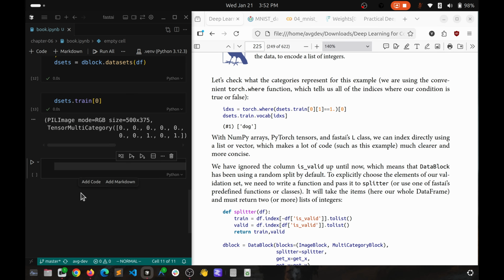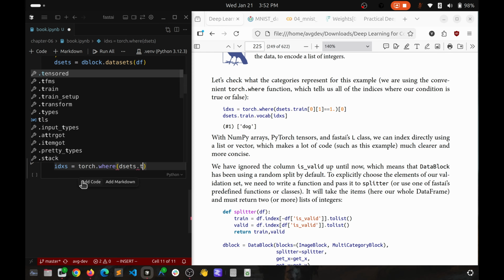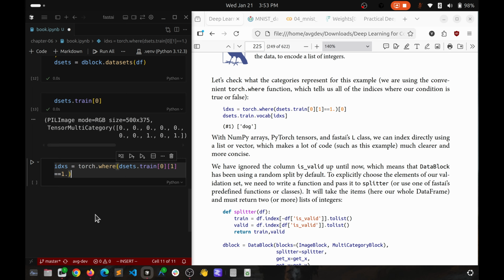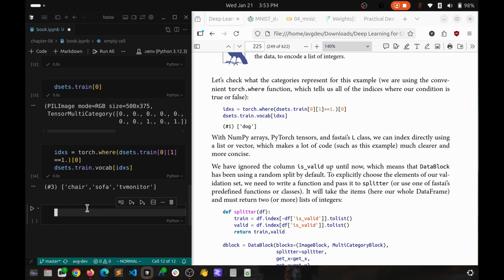So we'll type this code here. idxs is going to be torch.where(dsets.train[0][1] == 1), so we're going to check for anything that equals 1, and then take the first result. dsets.train.vocab[idxs]. So we'll have chair, sofa, TV monitor. Those are the labels for the first element.